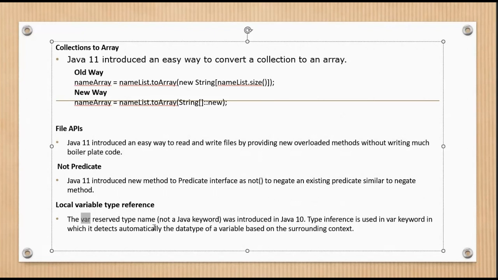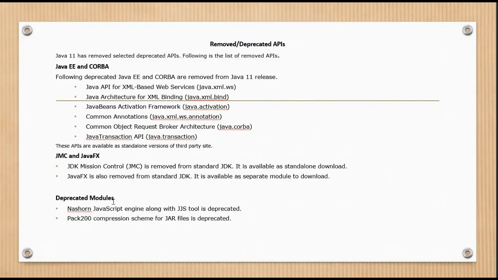You don't need to specify the type like int externally. Similarly, if I write var s with some string value, var automatically detects the type of that value. This also will be covered in the working session.